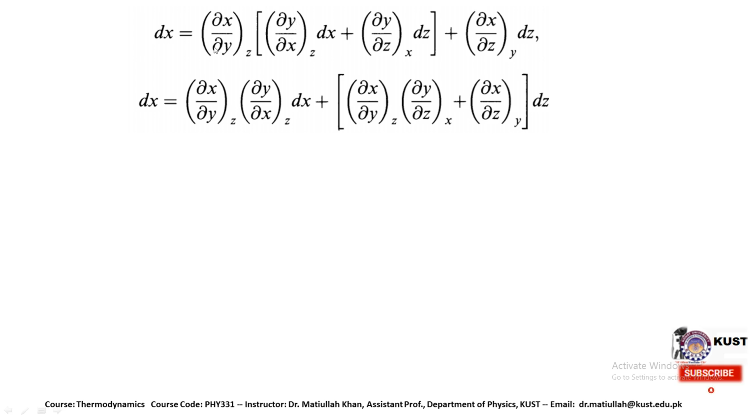This part is the change in x with respect to y when z is constant, similarly the change in y with respect to x when z is constant, and in the same way we take dz constant. So this will be multiplied with this quantity, that will be the change in x with respect to y when z is constant, and the change in y with respect to z when x is constant.